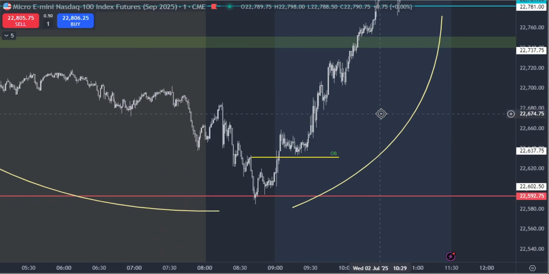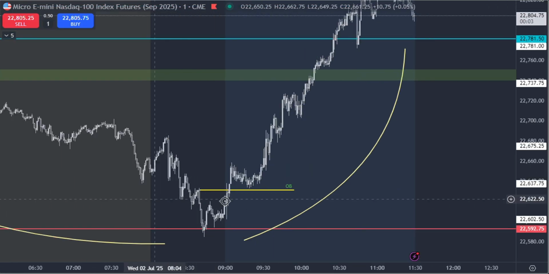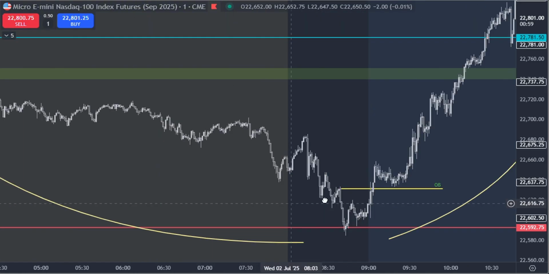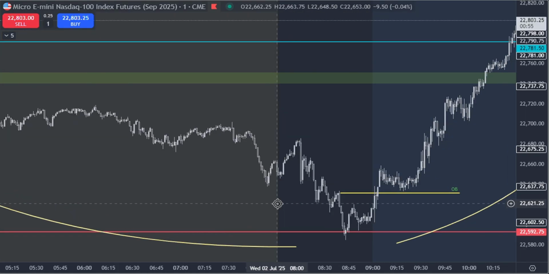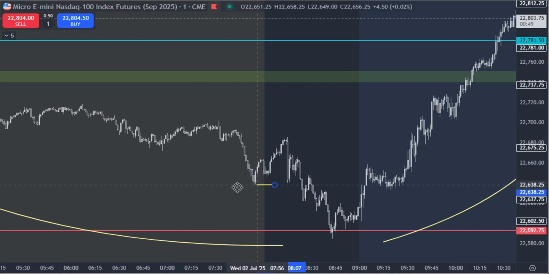All right, so that's a previous day. Same thing with London sessions. So if you are looking to sweep London session, this is the London low.